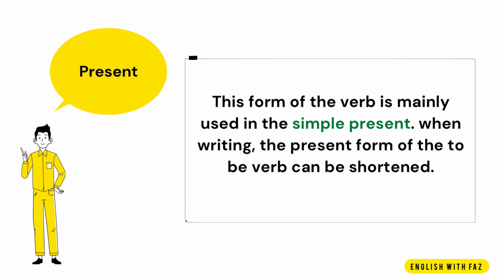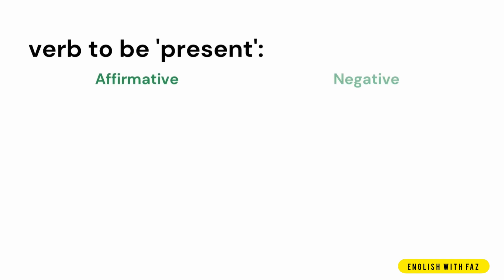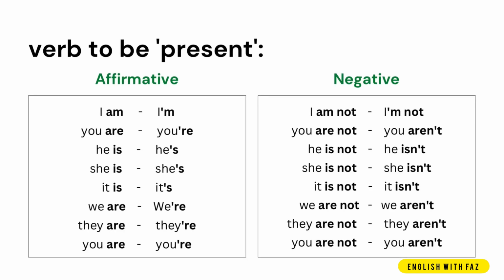Now, let's move on to the present form. This form of the verb is mainly used in the simple present, and its meaning can change depending on the use in the context. Also, when writing, the present form of the verb to be can be shortened. So, this is how the verb to be looks like in the present.